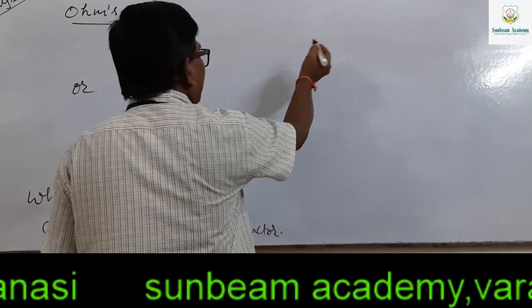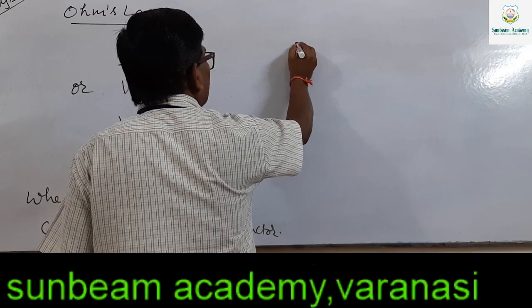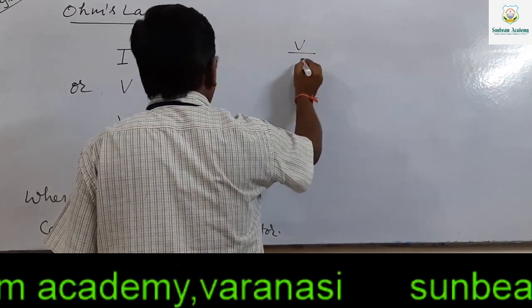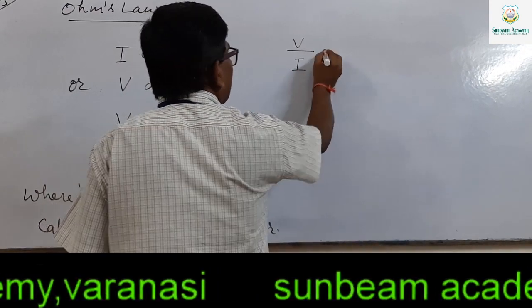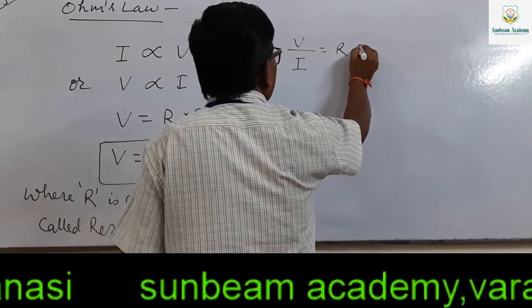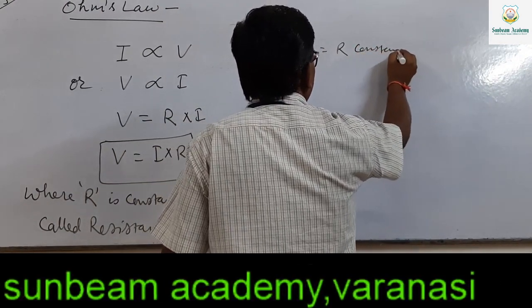So another statement of Ohm's law you can see mathematically: V upon I is equal to R constant.